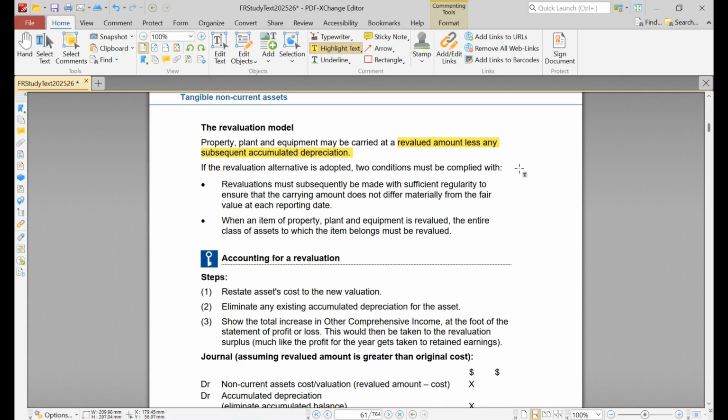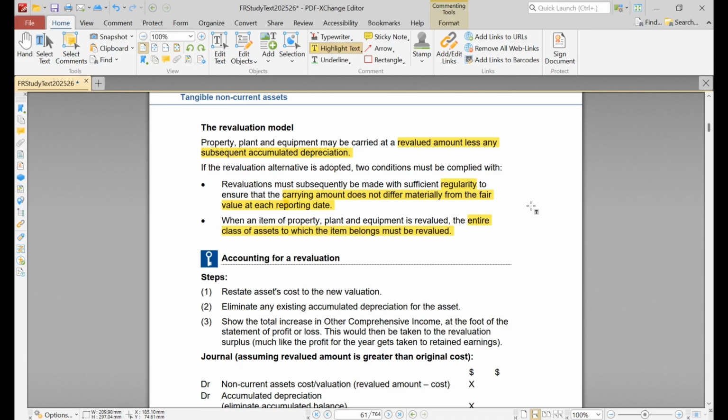First, revaluations must subsequently be made with sufficient regularity to ensure that the carrying amount does not differ materially from the fair value at each reporting date. And second, when an item of property, plant and equipment is revalued, the entire class of assets to which the item belongs must be revalued.